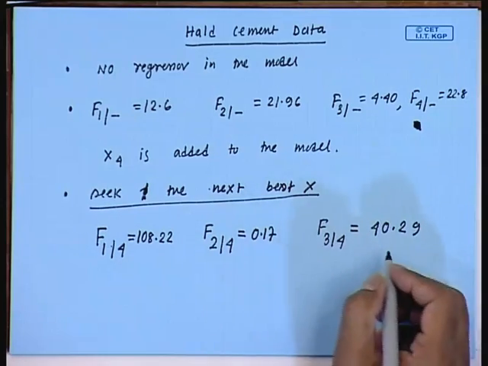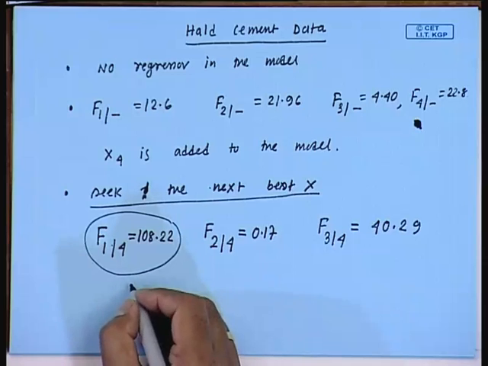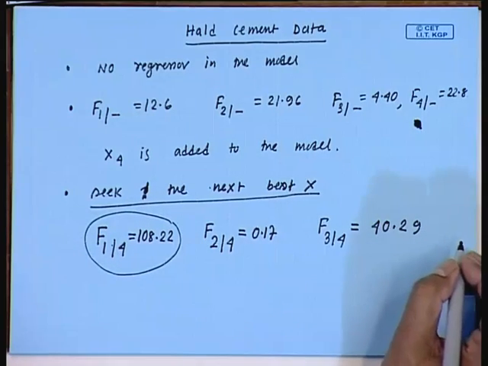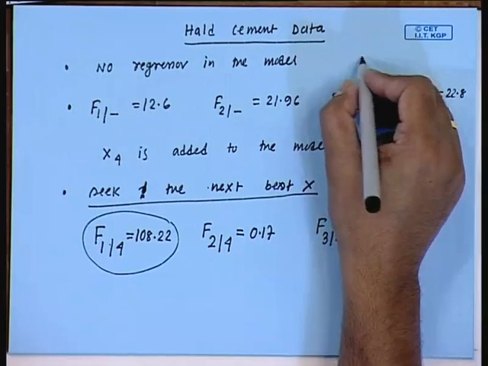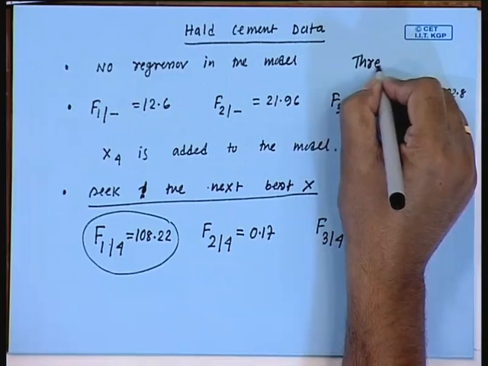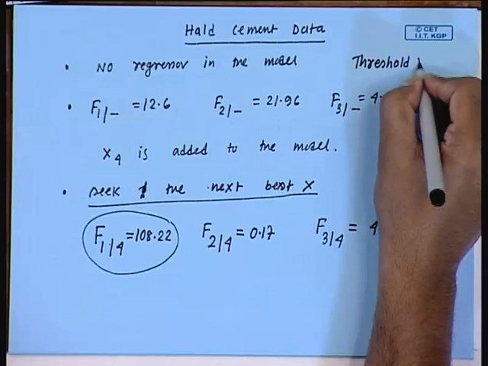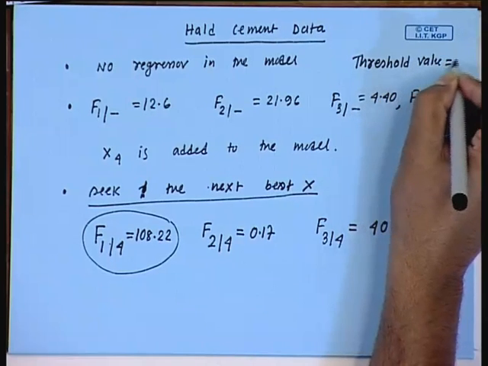So, the highest partial F value is this one, and here we fix the threshold value equal to 5.